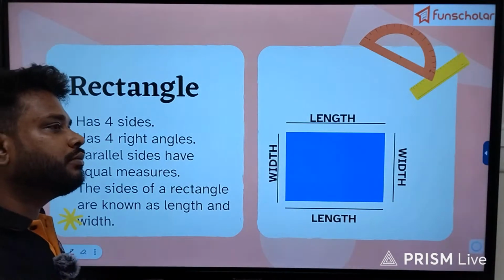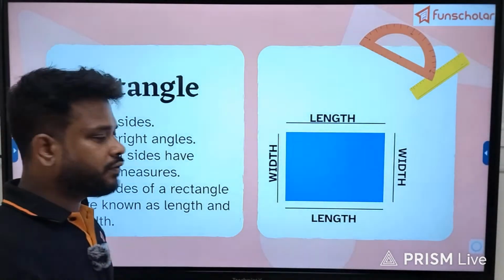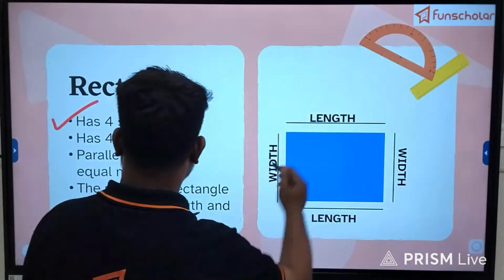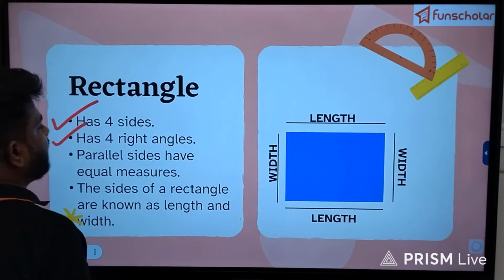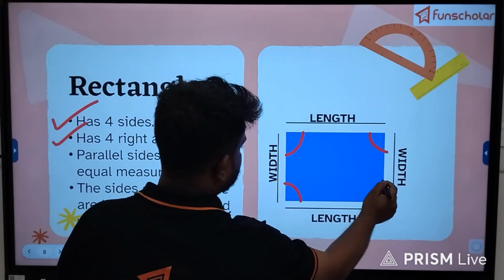Before discussing the formulas, let's understand the properties of a rectangle. A rectangle has 4 sides, obviously. A rectangle has 4 right angles, similarly to a square.